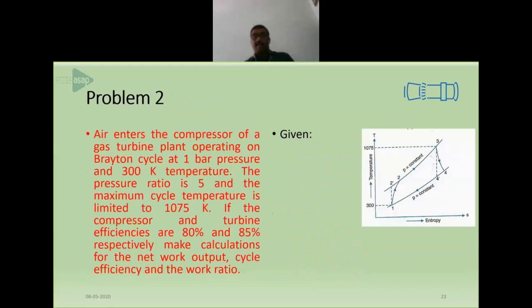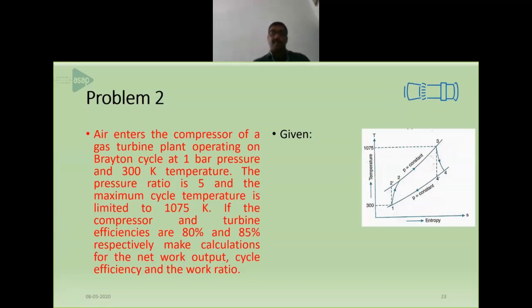Now this is question number 2. In the previous question, we haven't considered the compressor efficiency or the turbine efficiency. Here, in this problem, we are going to consider the compressor efficiency and the turbine efficiency. The question is, air enters the compressor of a gas turbine plant operating on Brayton cycle at 1 bar pressure and 300 Kelvin temperature.